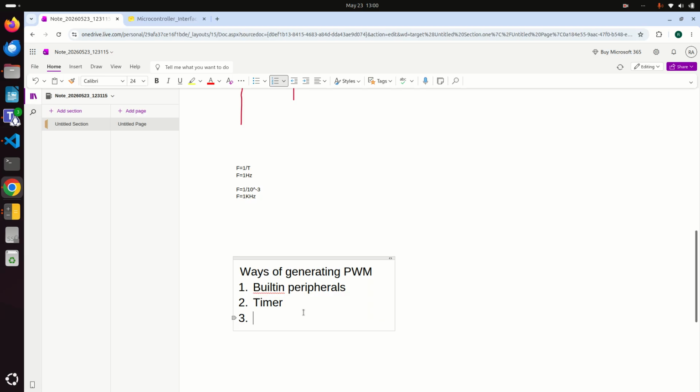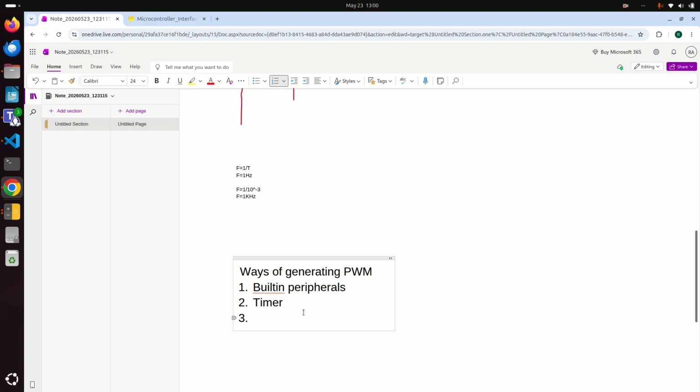If the controller has neither a built-in peripheral nor a timer, then how to generate the pulse width modulation? At that time you have to generate the pulse width modulation externally.